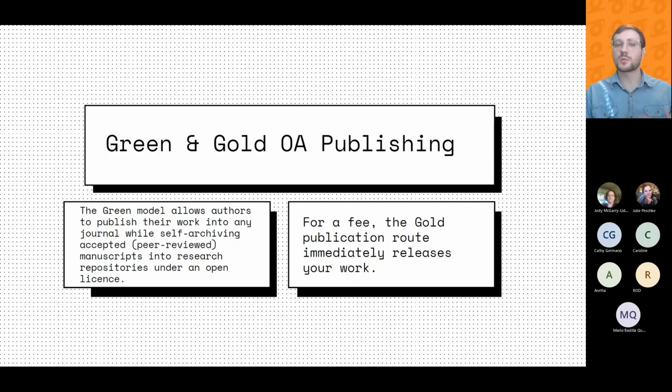And in 6, 12, or sometimes even 36 months, you can read an earlier version of that article that has been peer reviewed but not 100% finished in a different repository. Often those are institutional repositories.